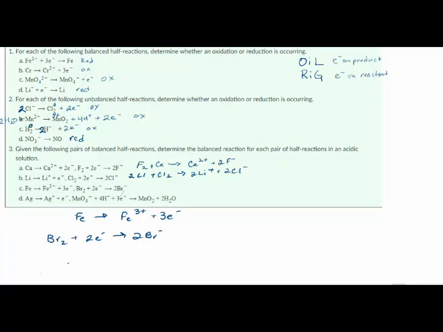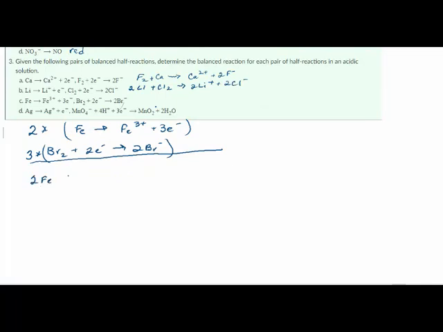So I would multiply my iron by 2, and I would multiply my bromine by 3. And that would give me a total of 6 electrons for the reaction. So now I can eliminate the same on both sides. And then I have my balance.